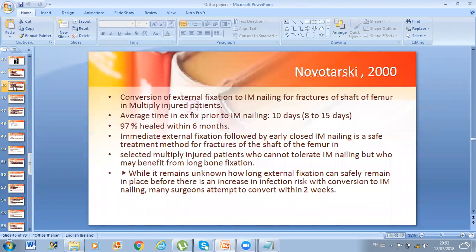So within 2 weeks you can convert it. You put an external fixator, and within 10 days the patient is fine, the serum lactate, base deficit, everything is okay. Then you shift him to the OR, remove the Schanz pin and directly put a nail in. It will not cause infections.